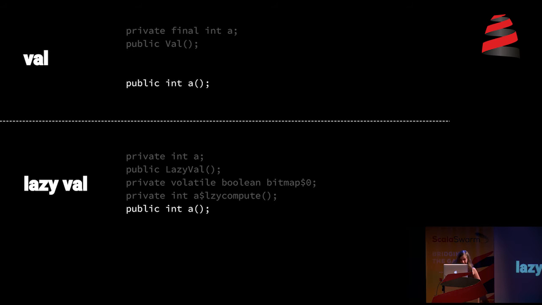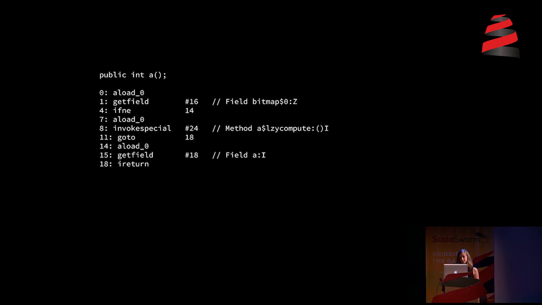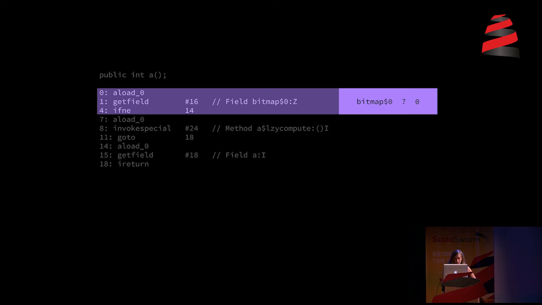Okay, and last thing, we already saw that for val, the method A is a simple getter. Let's take a look at the A method of lazy val. So again, the first thing that happens is a comparison between bitmap 0 and 0.